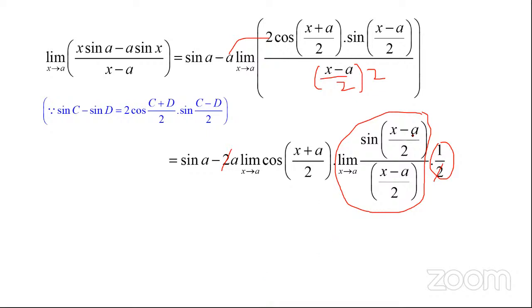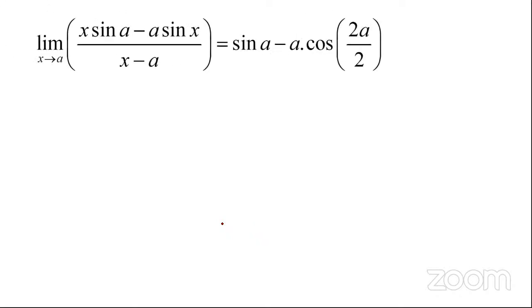Then you will get this value, which is nothing but 1, limit x tends to a of sin of (x minus a) by (x minus a) equals 1. So these 2 will get cancelled. Then sin a minus a cos of (a plus a) by 2 into 1. Then sin a minus a cos 2a by 2, that is sin a minus a cos a.